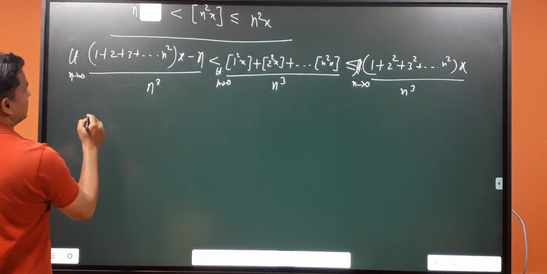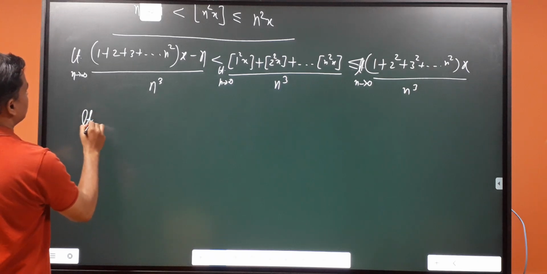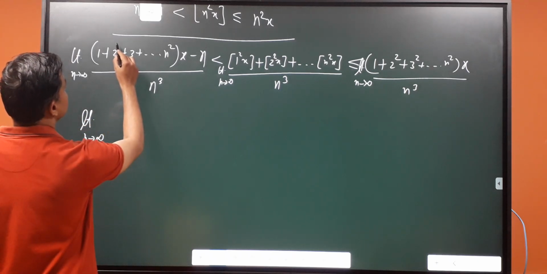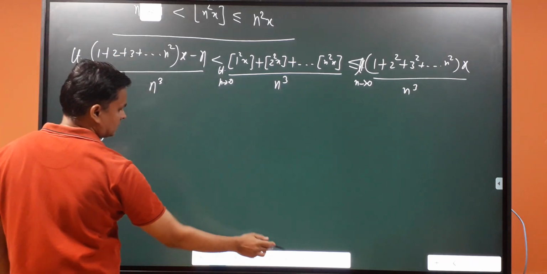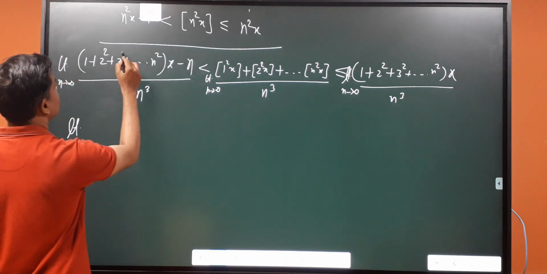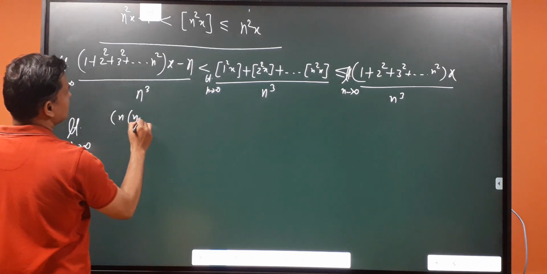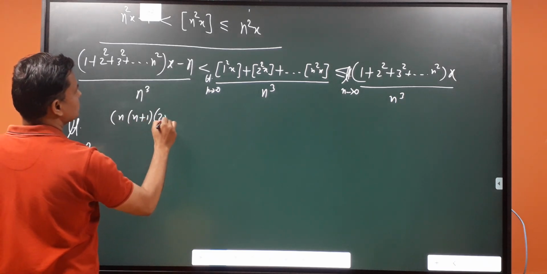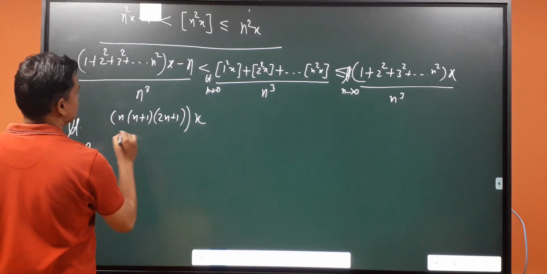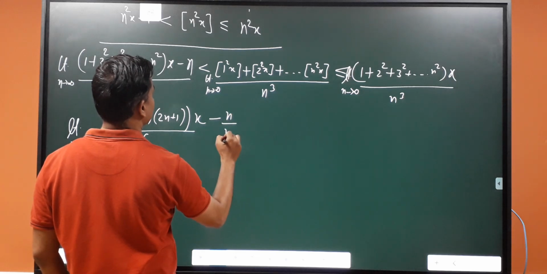Now see, on this particular side n square is there, limit n tends to infinity. Here it was 2 square, 3 square like this, I made a mistake, 2 square 3 square like this. So this summation will be n into n plus 1 into 2n plus 1, x by 6, minus n upon n cube.